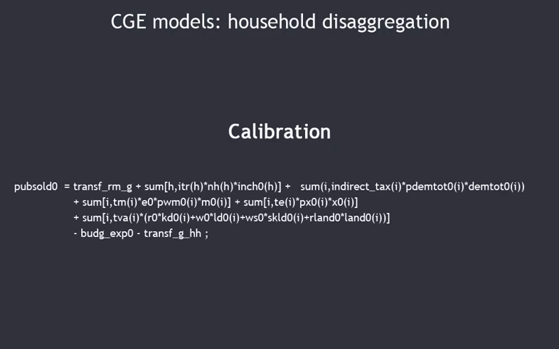For the calibration of the public balance, be careful to enter the direct taxes paid by each category of household by the formula: sum over H of the household tax rate, called ITR defined over H, times the number of households of type H, called NH defined over H, times the primary income of the household of type H, which is called INCH defined over H.